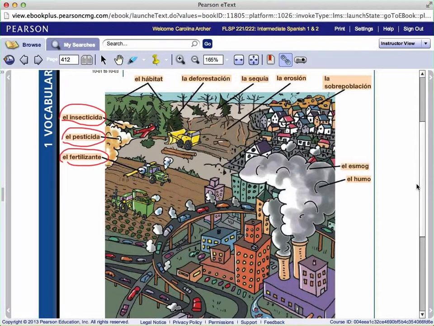El hábitat, the habitat. La deforestación, deforestation. La sequía, drought, lack of rain or lack of water, la sequía.